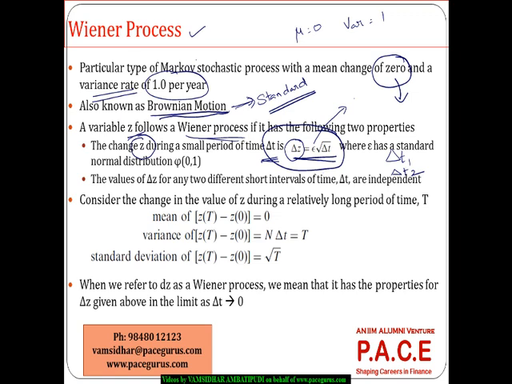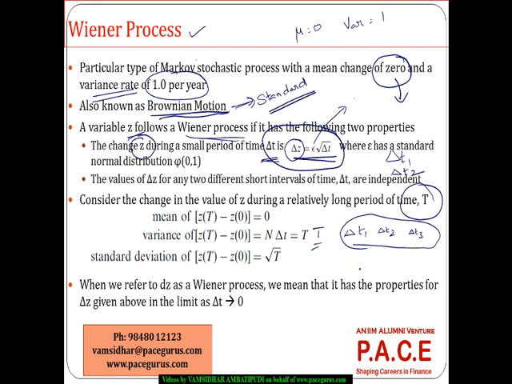Now let's take it slightly further, saying I want to look at it for a longer period of time. A longer period is nothing but many such shorter periods: delta t1, delta t2, delta t3, all these put together make a long period t. Now all you are finding is the mean for each of these periods.